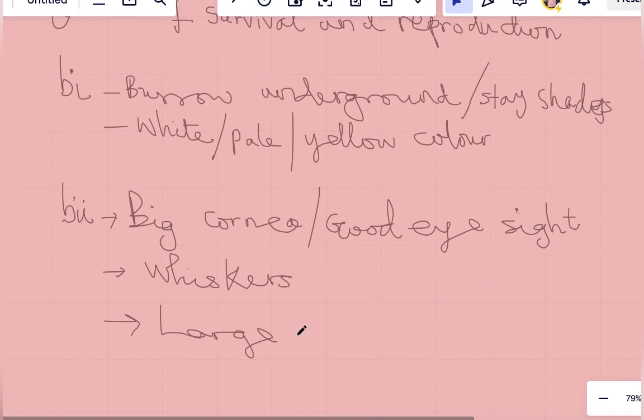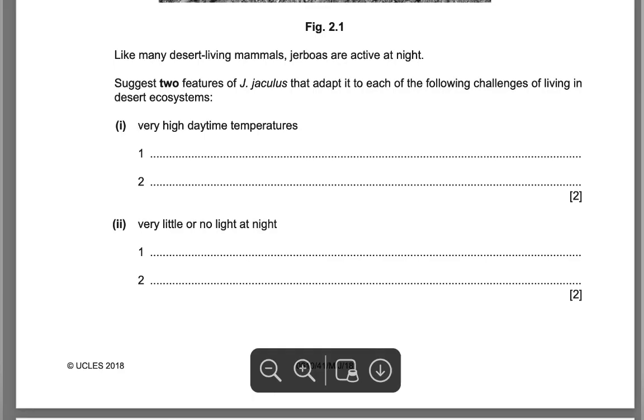Large ear for hearing. So this is another characteristic of this Jaculus that survives in North Africa and in the Middle East. They have large ear for hearing. Remember, it's just 2 marks, so 2 points is good enough. So we'll move to the next question.